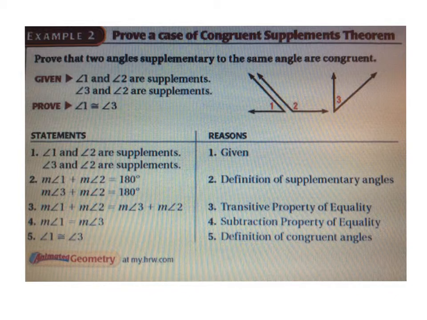That gives you the measure of angle 1 equals the measure of angle 3. So again, that's just subtraction, so subtraction property of equality. And if the measure of angle 1 equals the measure of angle 3, then that means that angle 1 is congruent to angle 3. And that's once again by definition of congruent angles this time.